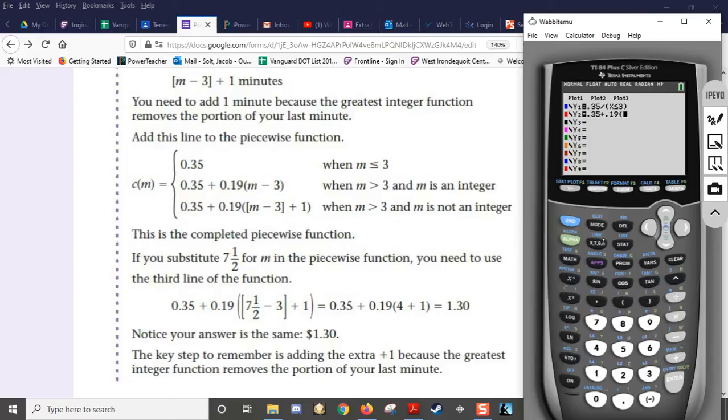Now, do I want the integer of x minus 3 here? All right, I'm going to try the integer here. I'm going to try math, number, integer. All right, x minus 3.